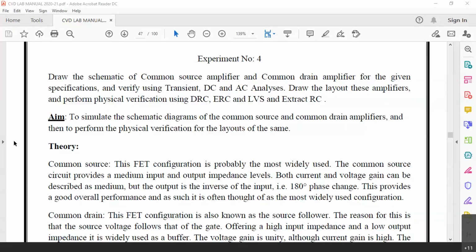Instead of the analog communication lab, in the next semester, we have clubbed the analog and digital communications together, and that is called communication lab. And you will again have embedded system design lab in the next semester. So some of the theories which you learn in analog communication, the experiments will be conducted in the next semester in the communication lab.